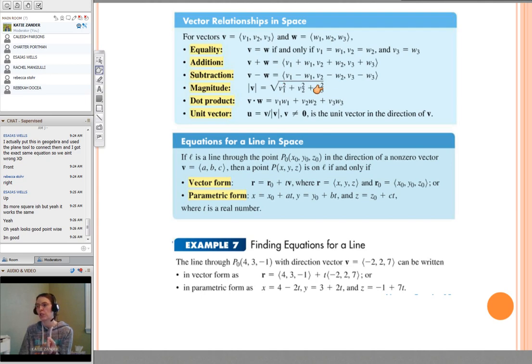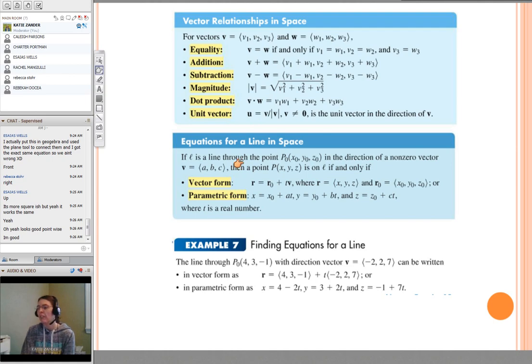The magnitude, you're just squaring that third term. We looked at the dot product, I believe, already of three-dimensional vectors. And then your unit vector is performed the exact same way, but you're using that magnitude of v from up above, right? So that's how we would find the magnitude of that three-dimensional vector.